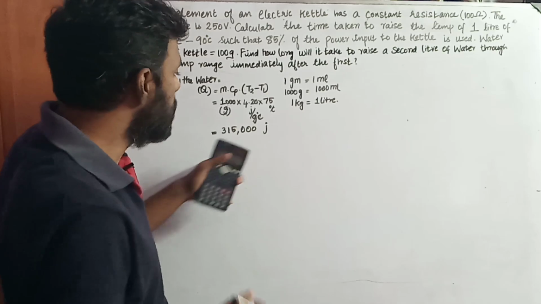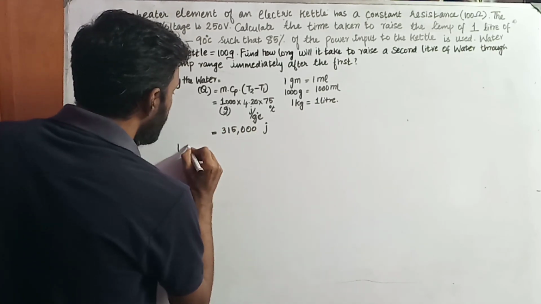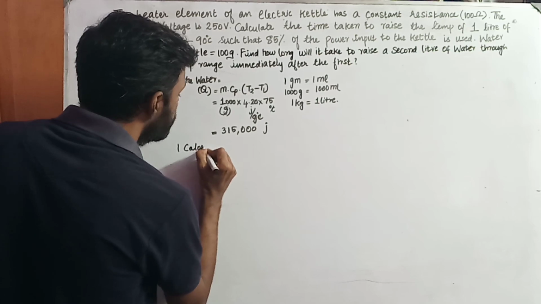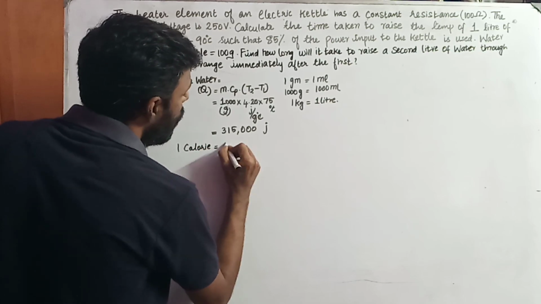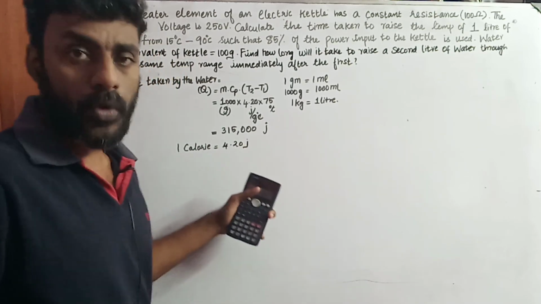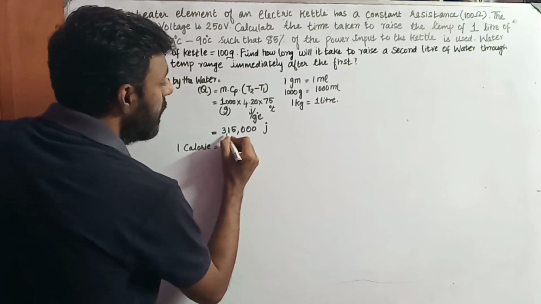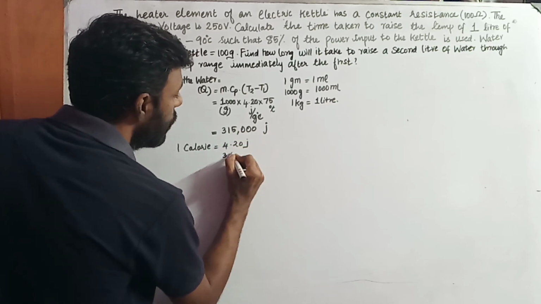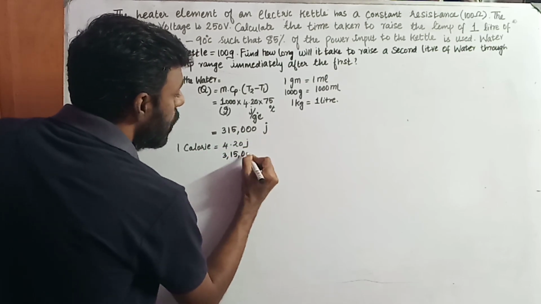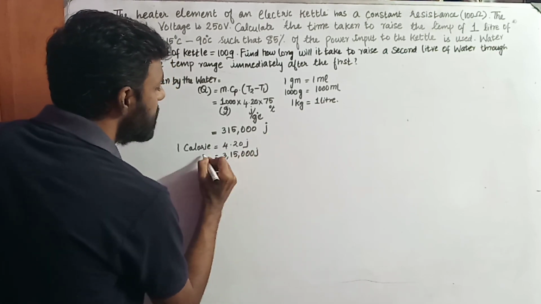So with this one, I know that 1 calorie is equal to 4.20 joules. So what I can do is take 315,000 joules. How many calories will 315,000 joules be?